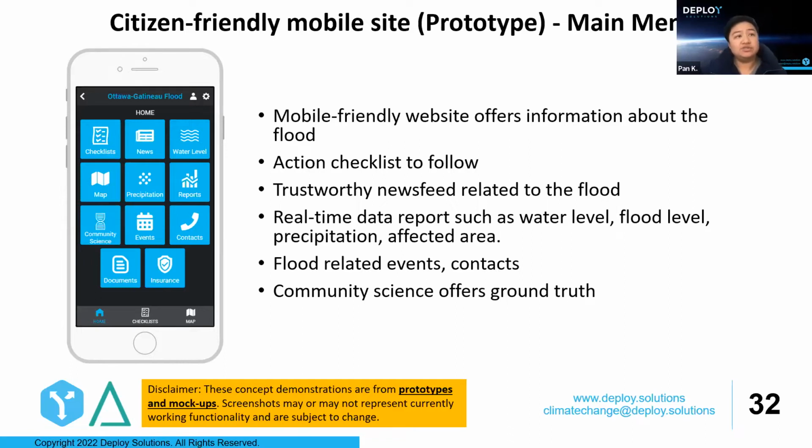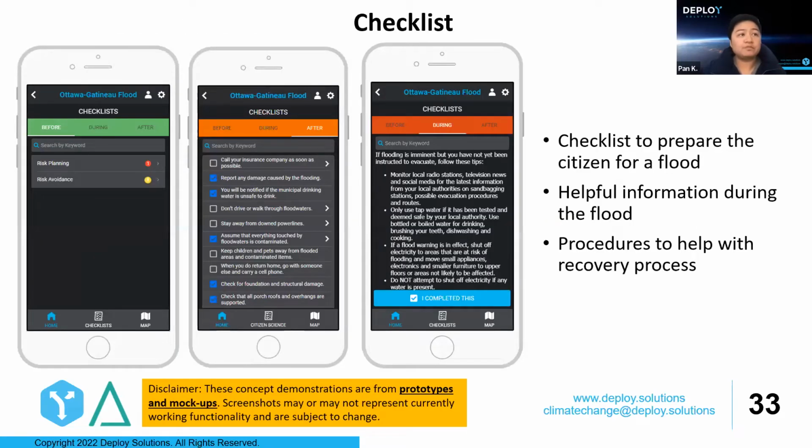The application also suggests related events and contacts, a document uploads and storage section, and insurance information. And there is a section for the citizen to report what they see on the ground as well.